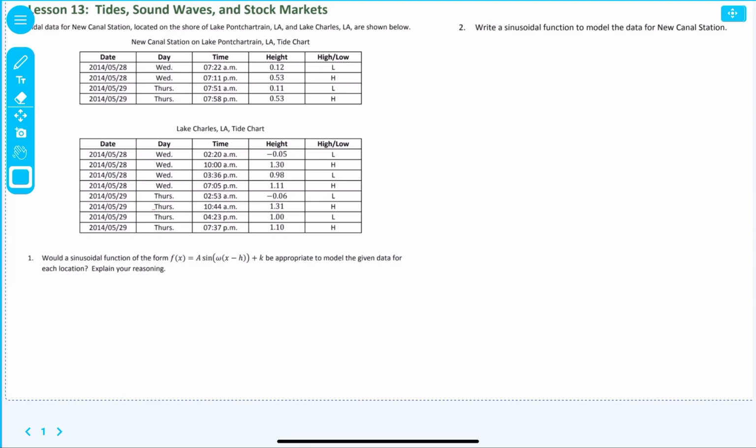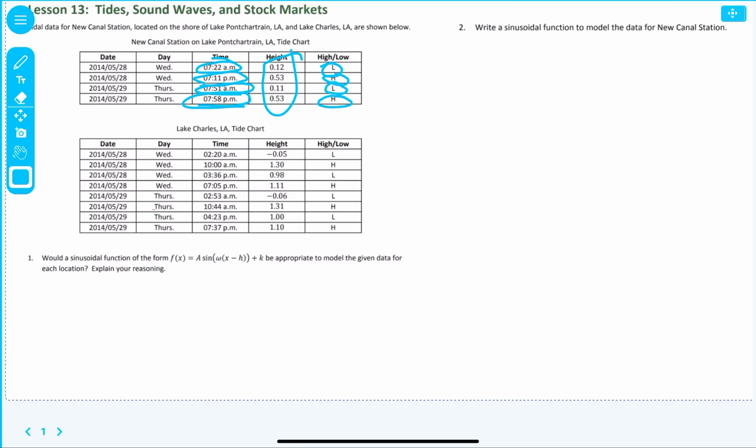Oh, because you have two different times of day. Okay. So look at how repeating it is. We got 7 a.m., 7 p.m., 7 a.m., 7 p.m., high, low, and then you actually have the measurements, right? So that would be easy to see that would be a sinusoidal function, right?